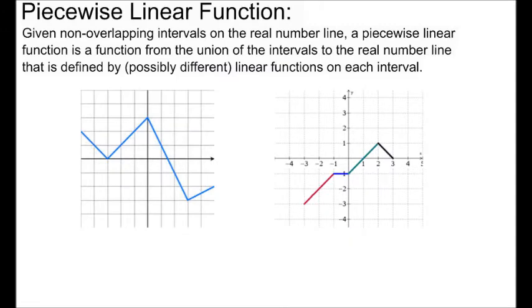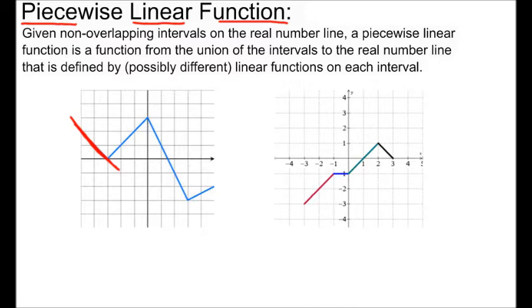All right, so the whole purpose of this lesson was to introduce what is called a piecewise linear function, okay? So all that means is that this is just going to contain pieces of a linear function. So if we look here at the first example, here's a piece of the line that goes this way.